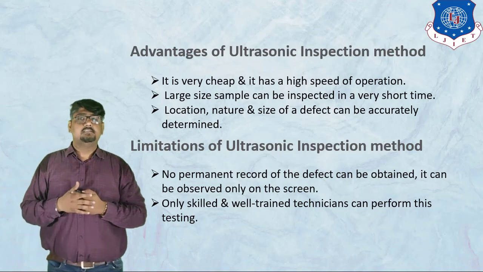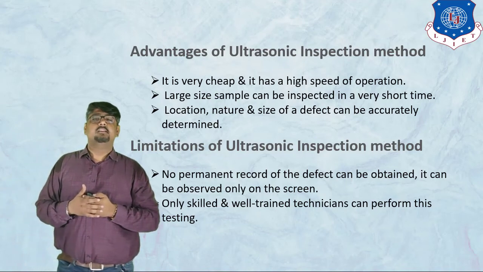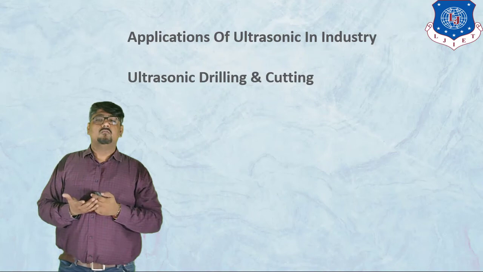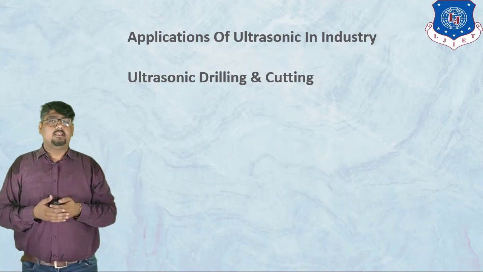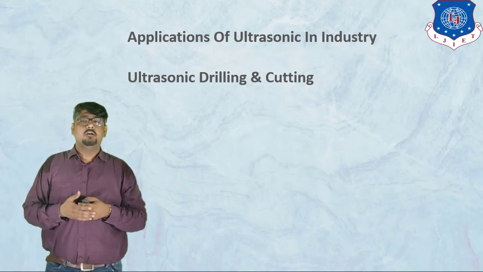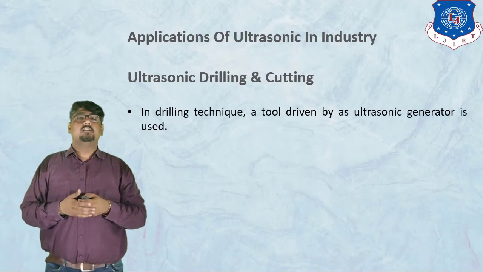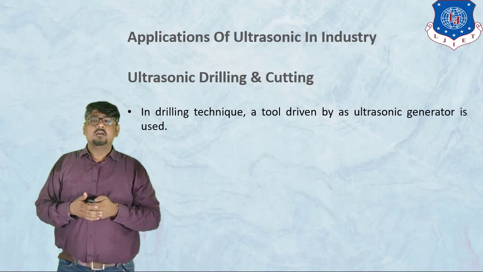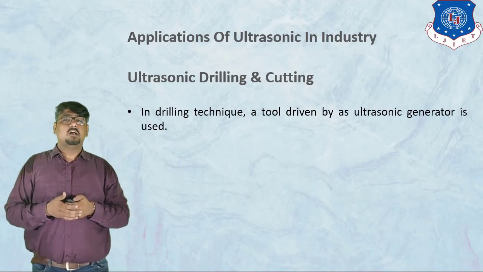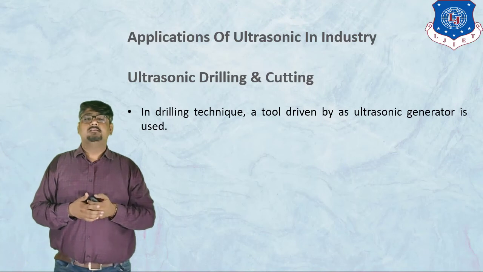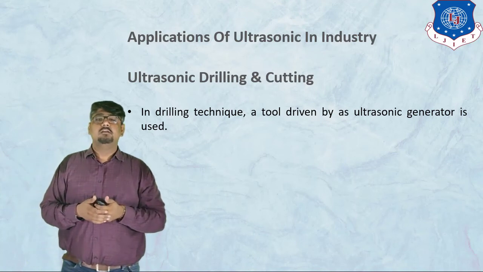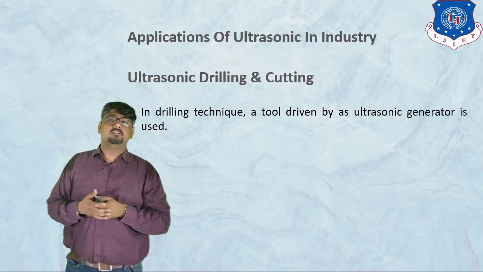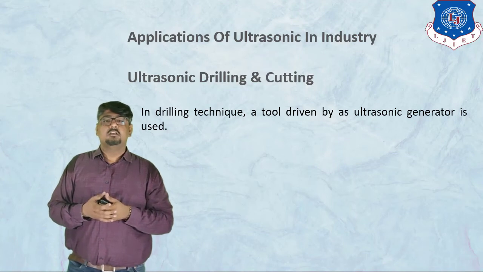Now let us discuss the applications of ultrasonics in industries. First, drilling and cutting. In the drilling technique, a tool driven by an ultrasonic generator is used. Abrasives like boron carbide and silicon carbide are used. What are abrasives?